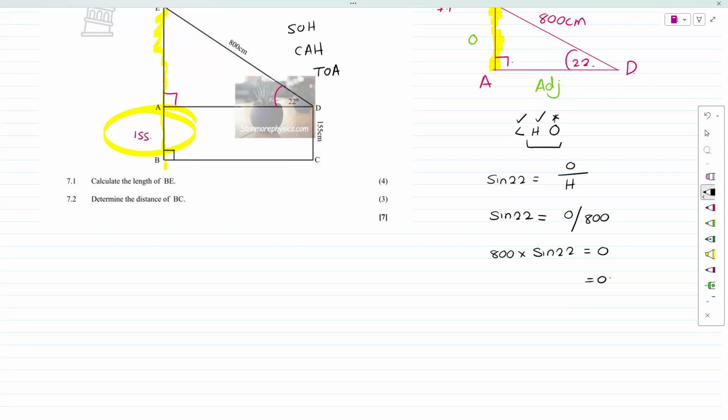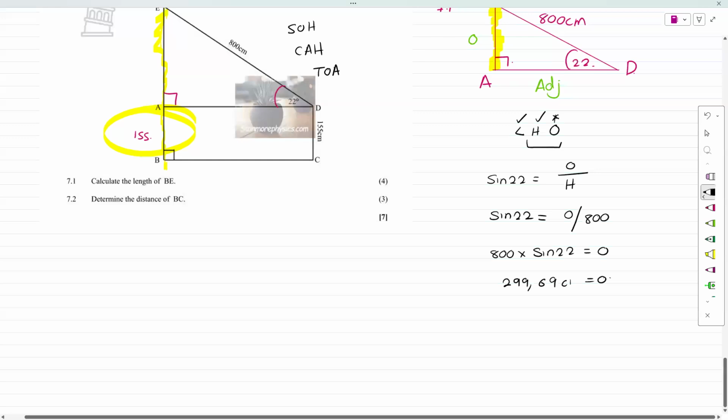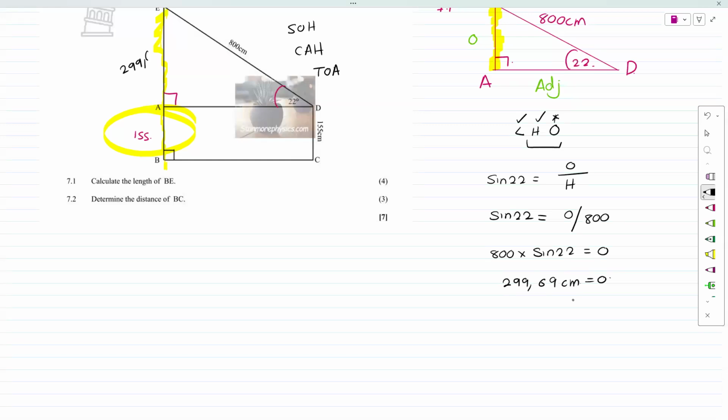299.69. Now, this is in centimeters, so it's not too bad. But guys, remember this, they told us at the bottom is a rectangle. That means if this is 155, the other side's 155.